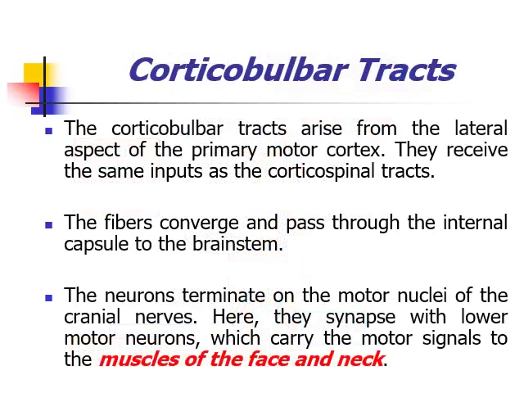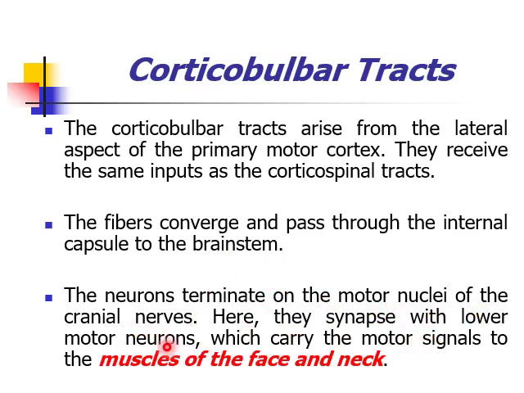For the corticobulbar tracts, the tracts arise from the lateral aspect of the primary motor cortex, like the corticospinal. They receive the same input as the corticospinal tracts. The fibers converge and pass through the internal capsule towards the brainstem, also like the corticospinal tracts. The neurons terminate on the motor nuclei of the cranial nerves.